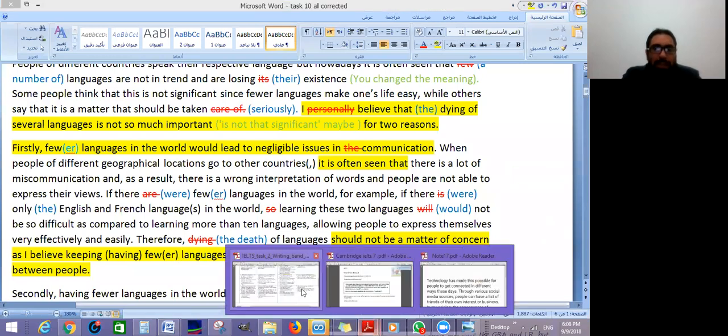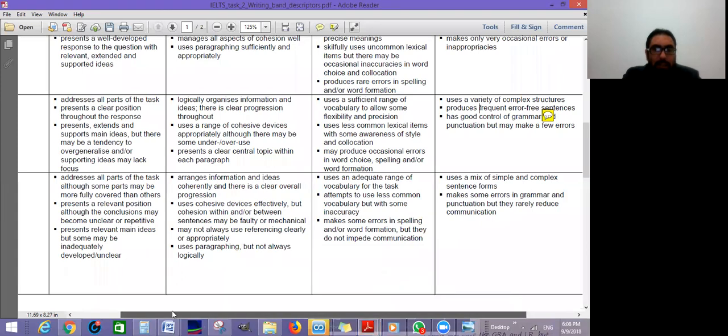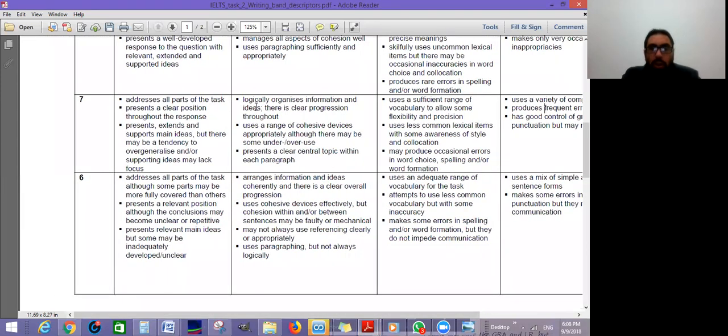When we're looking at band 7, CC, so coherence and cohesion, logically organizes information and ideas. There's a clear progression throughout. When we say throughout, it means from top to bottom, everything is flowing. When we just say overall, we could say in general, your ideas are kind of all right.